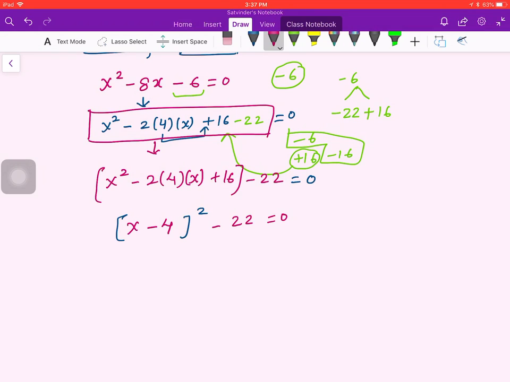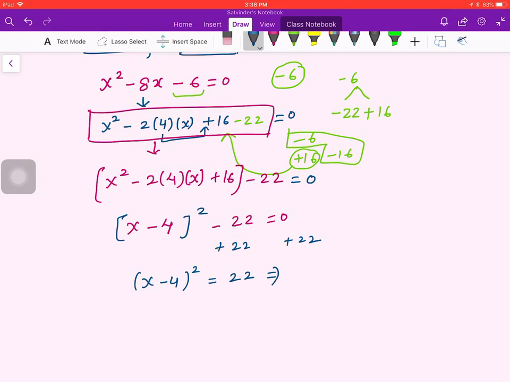As we discussed, we have to remove this negative 22, so we will add positive 22 on both sides. So we get x minus 4 square equals 22. Now you have to take the square root.